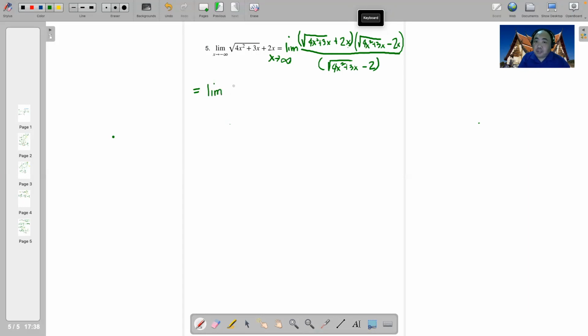So the numerator will now become 4x squared plus 3x minus 4x squared, divided by the square root of 4x squared plus 3x minus 2x, as x approaches negative infinity.